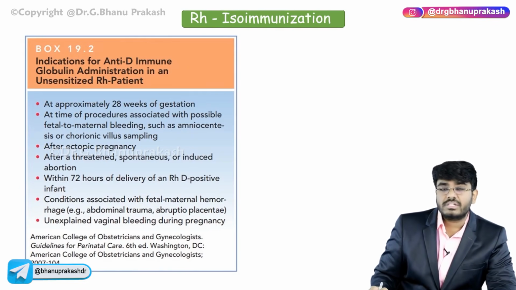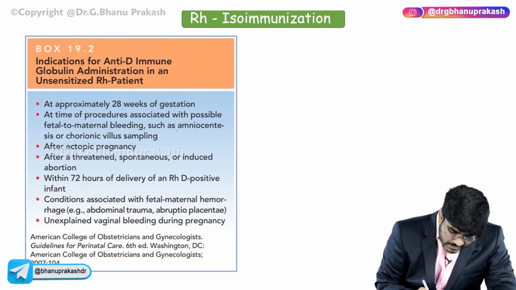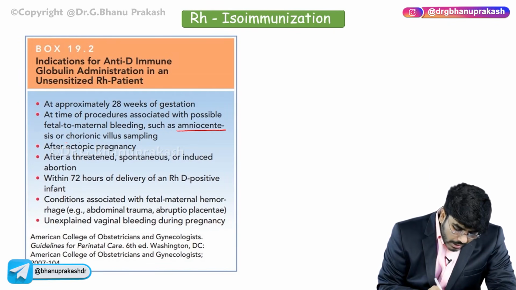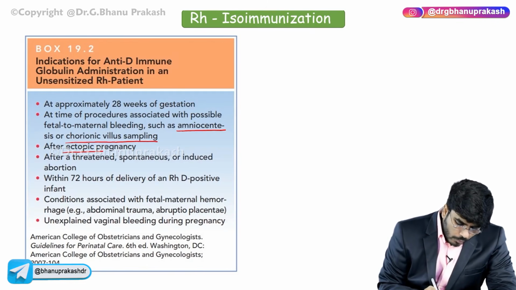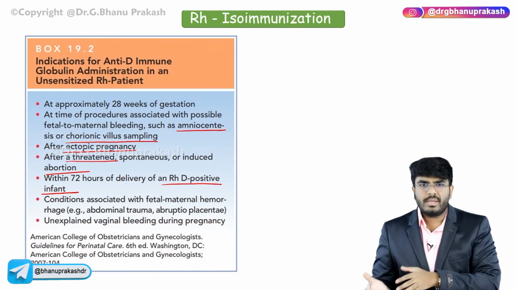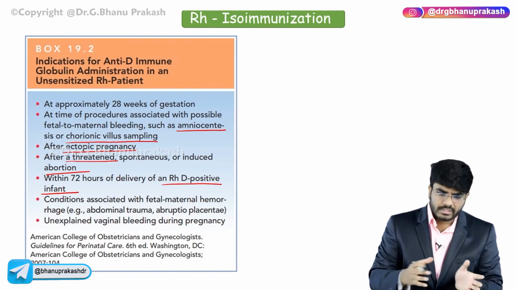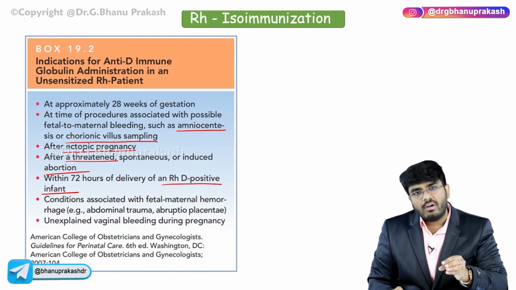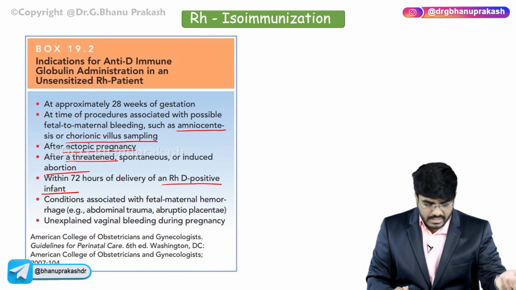So what are those conditions, sir? Amniocentesis, right? During amniocentesis or chorionic villus sampling, during ectopic pregnancy, after abortions, after delivering an RH positive baby, even in a normal pregnancy where some fetal blood may have mixed with the maternal blood.